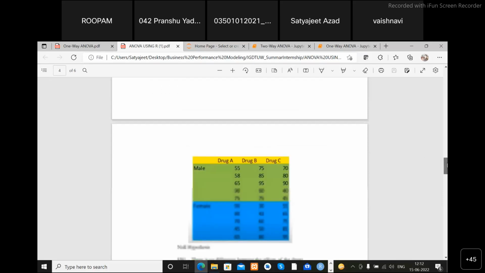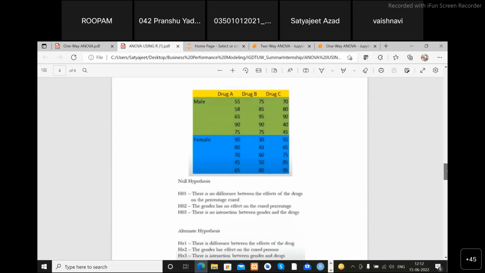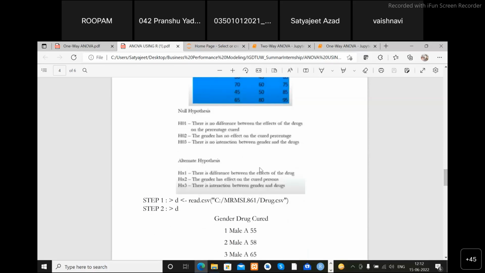When you model it, you assume null and alternate hypotheses. In the null, obviously, we take the basic assumptions: there is no difference between the effect of drug on the cure percentage, the gender has no effect on cure percentage, and there is no interaction effect of gender and drug. In the alternate, obviously the reverse.